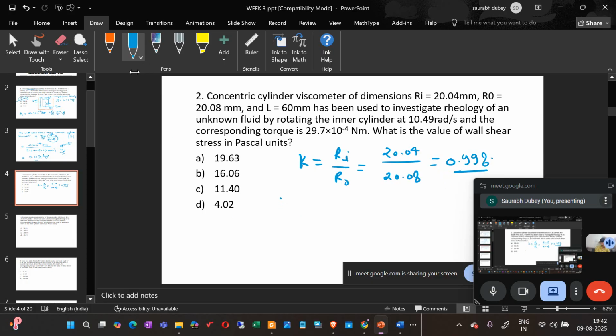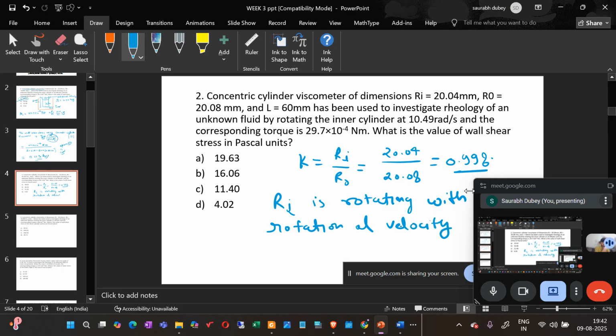So the inner cylinder R_i is rotating with this 10.49 radian per second.